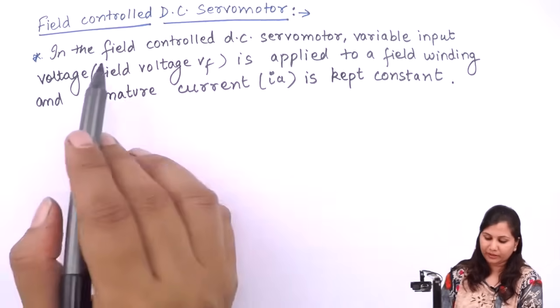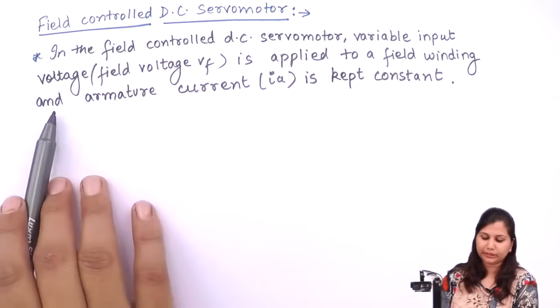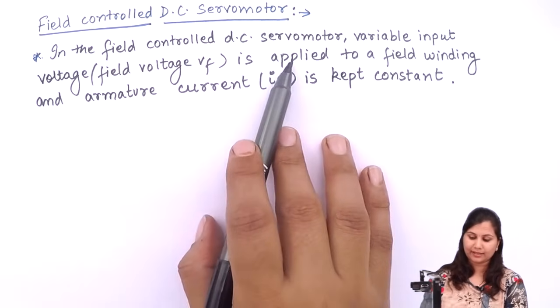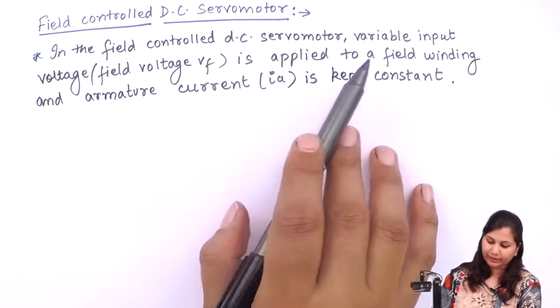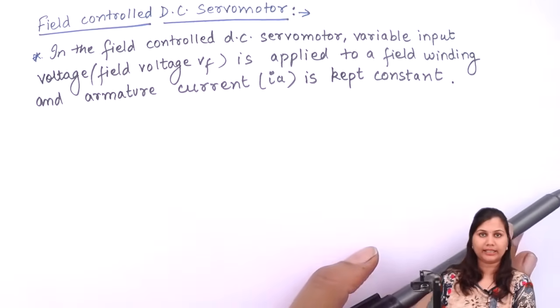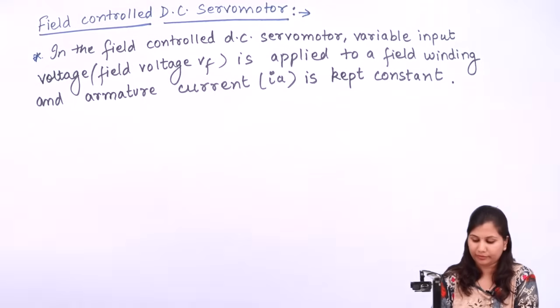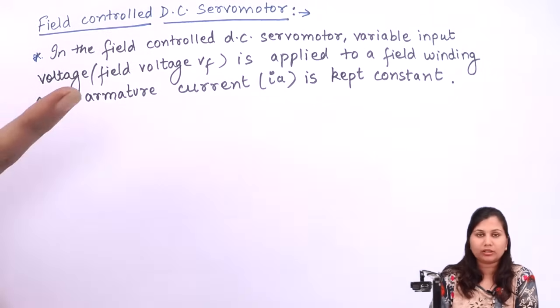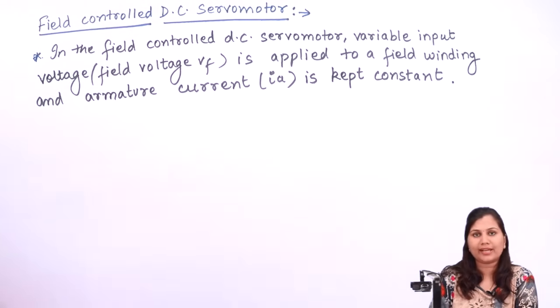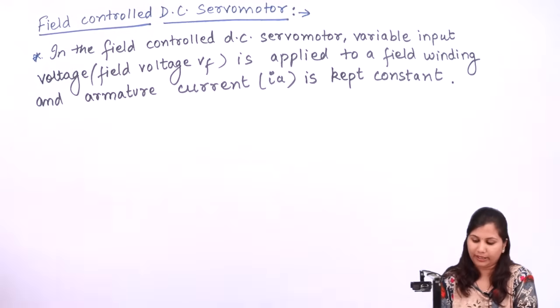What we are doing here is applying the variable input voltage VF and keeping the armature current constant. Earlier in armature controlled, we kept the armature voltage varying and the field current constant. Here we are doing the reverse of it.